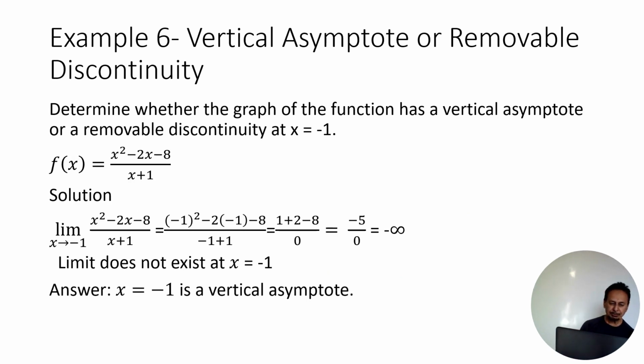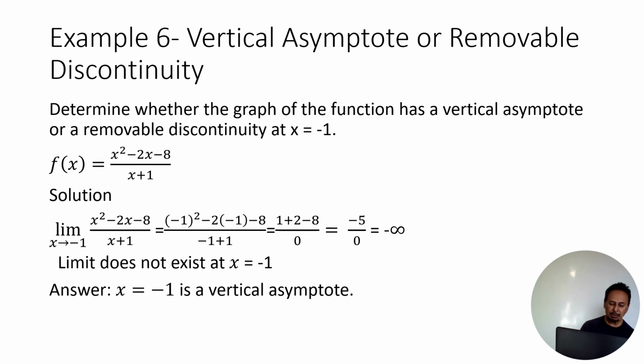So let's determine whether the graph of the function has a vertical asymptote or removable discontinuity at x equal to minus 1. So here is the function f of x equals x squared minus 2x minus 8 over x plus 1. All I have to do is just take the limit. So we write the limit as x approaches minus 1 of x squared minus 2x minus 8 over x plus 1.